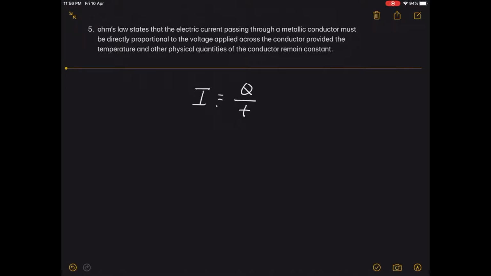So the SI unit for electric current should be ampere, capital letter A, or you can say coulomb per second. The reason is charge is measured in coulomb and the time is measured in second. Okay? All right.